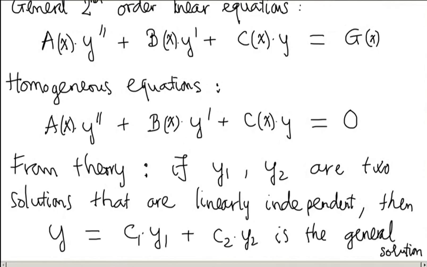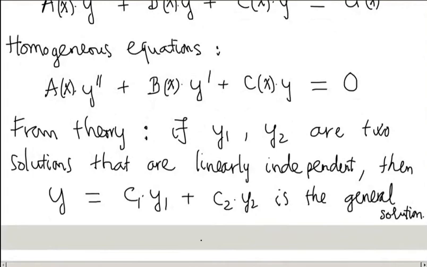What it means is that this formula captures all other solutions of the differential equation, and here c1 and c2 are constants. Recall that two solutions are linearly independent if their ratio is not a constant.